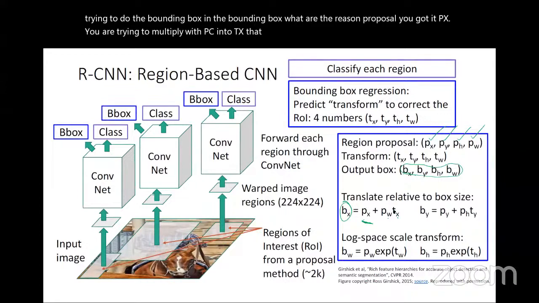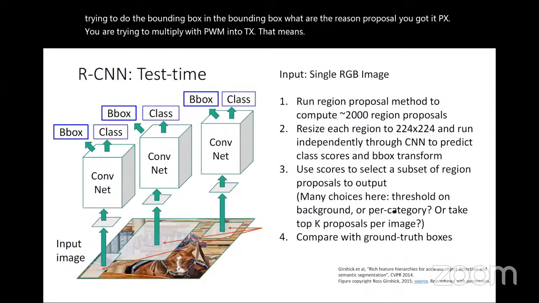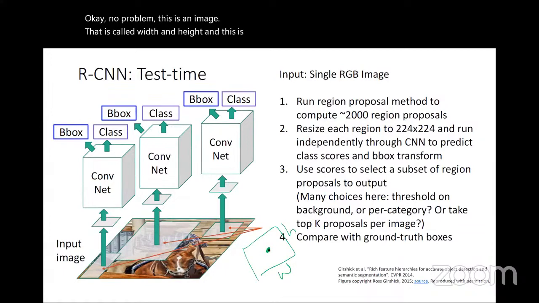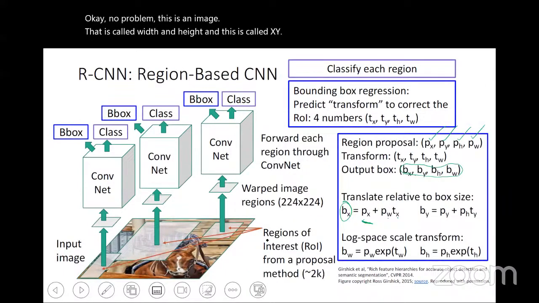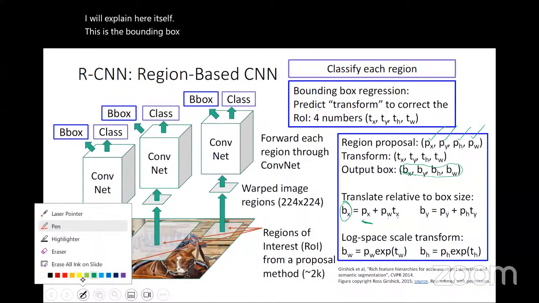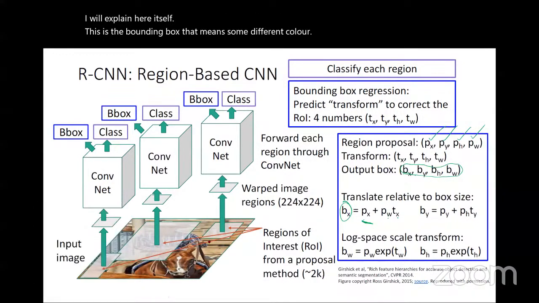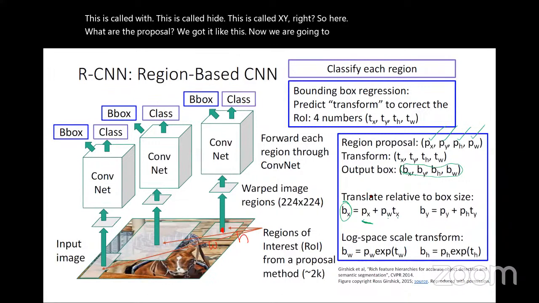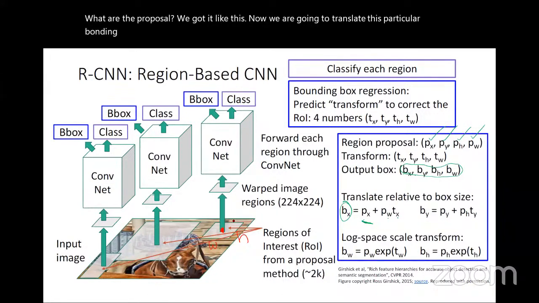Here there is an image with width and height, and this is X comma Y. I'll explain here itself. So this is a bounding box. This is called width, this is called height, this is called X comma Y, right? So here is the proposal we got. Now we are going to translate this bounding box a little bit to the right side or left side.